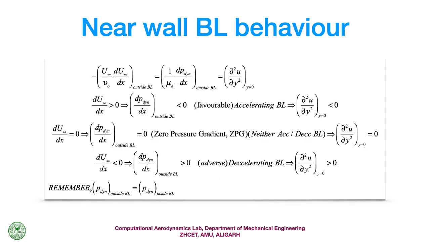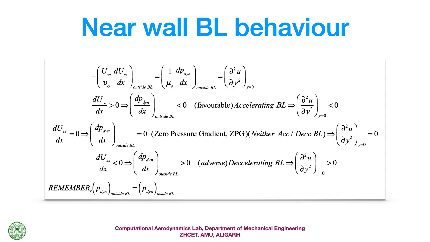Now if I again use these equations, the top equation is the same equation which has been repeated before. There can be three kinds of pressure gradients. One where the pressure gradient before and after the flow is uniform, that is dp by dx is 0.